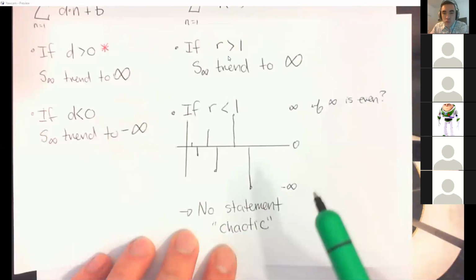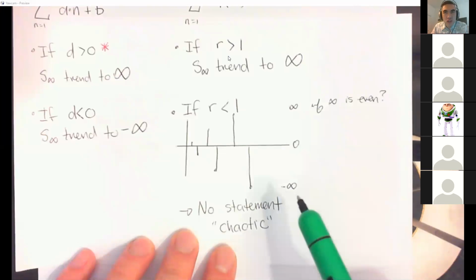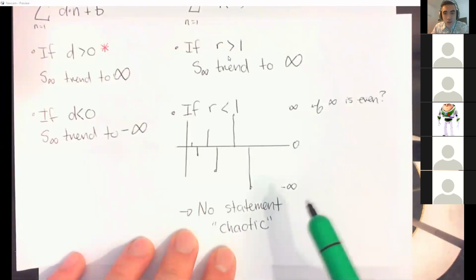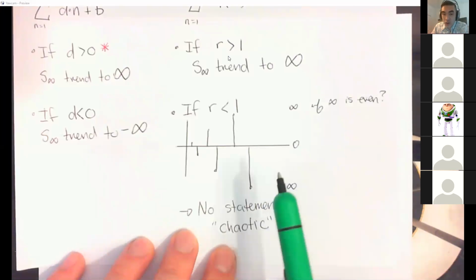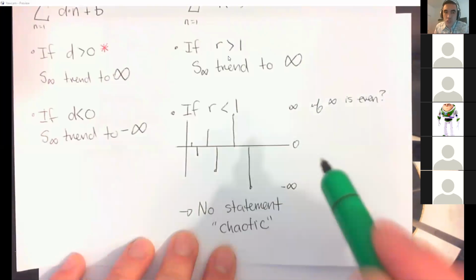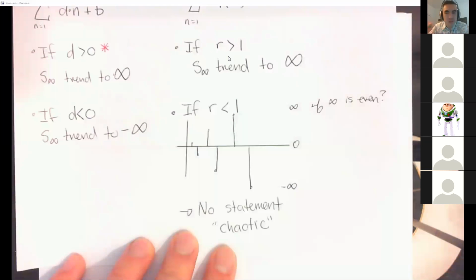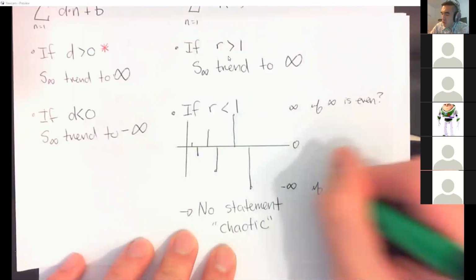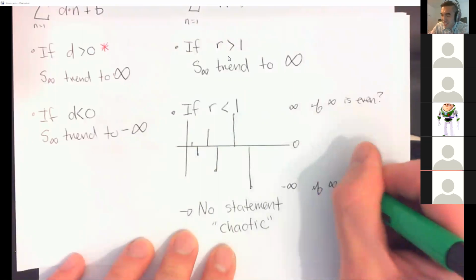Or the converse would be true down here. If infinity is an odd number and we take a negative number and raise it to the power of an odd number, then the final term would be some huge, overwhelming negative number, and it would swing our entire sum in the negative direction. And this would end up being our sum if infinity is odd.